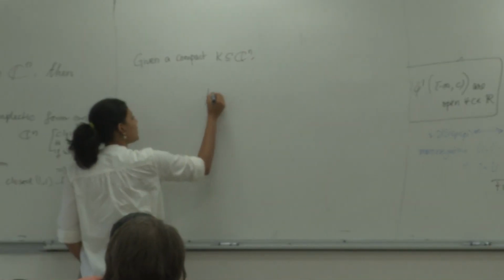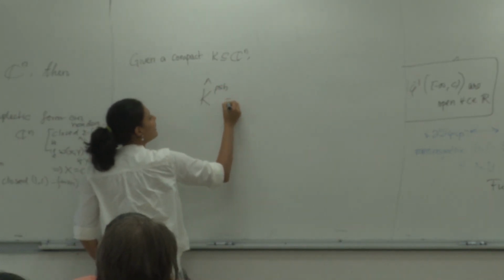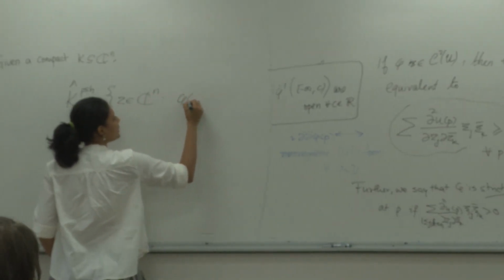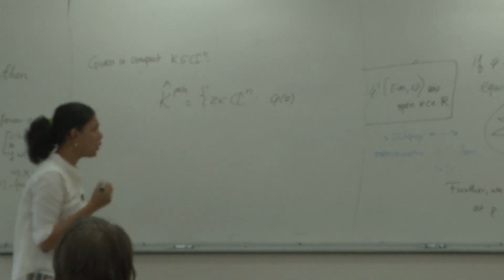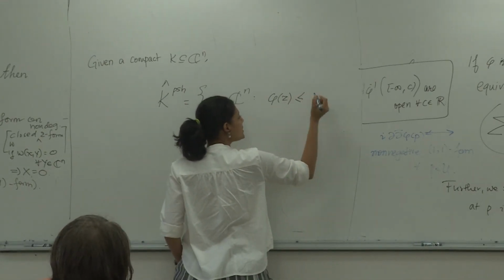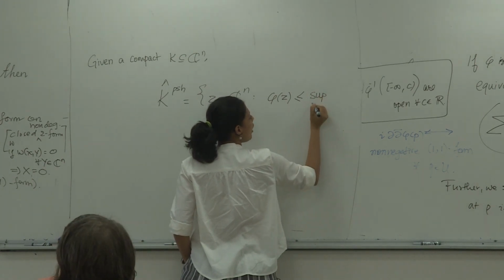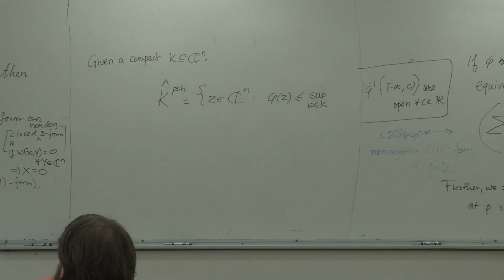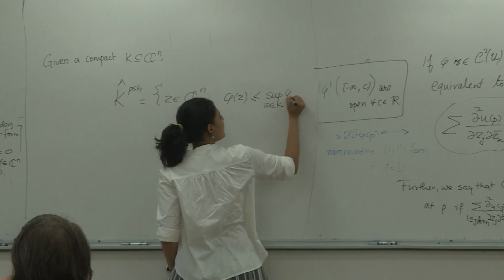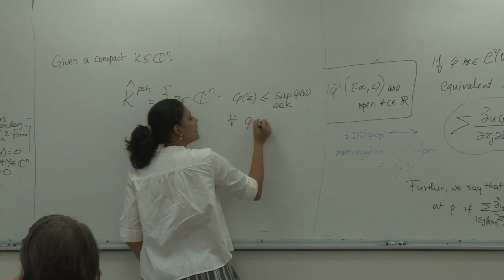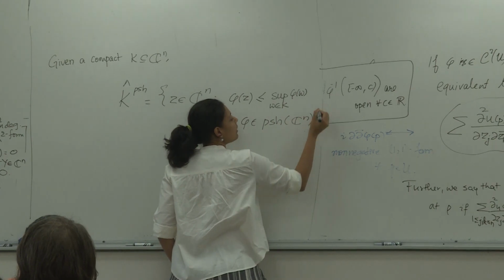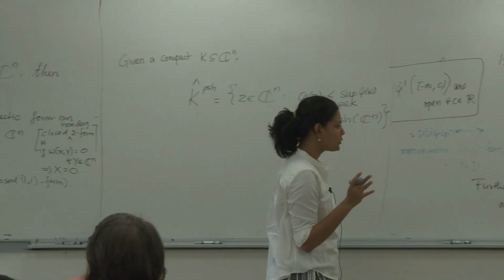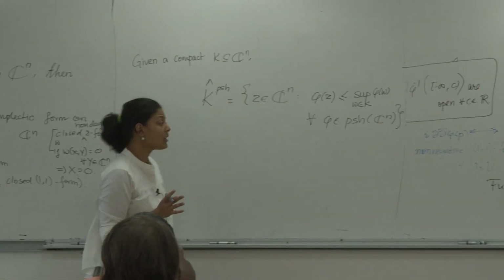I can construct the PSH hull: I take all the points w where, if I compute any global PSH function, phi of w is at most the supremum of this function on K. Remember, PSH functions are bounded above on compact sets. So I take phi of w, for all phi that are plurisubharmonic on Cn. So this seems like a completely different object, and there is no question.